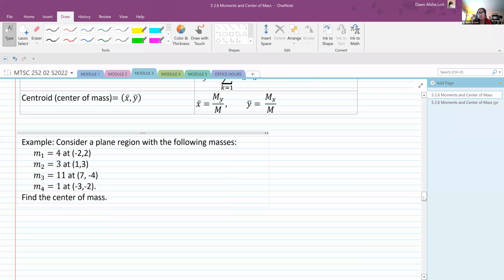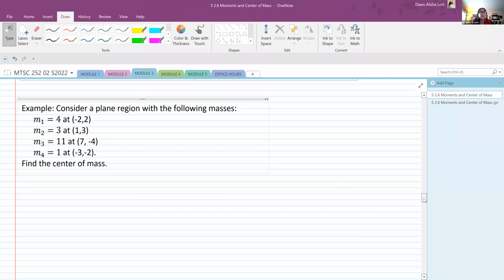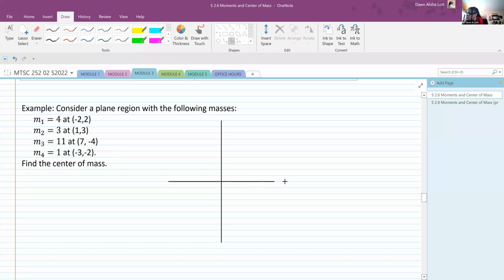So I want to consider a plane region with the following masses. So I have something that looks like this. There's a mass M1 at (-2, 2).